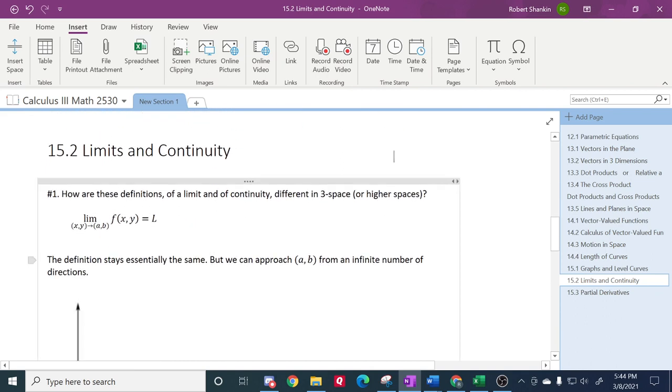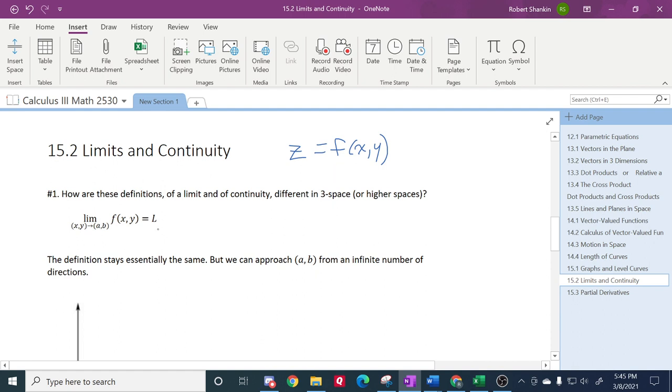Definition of being continuous. Now we ask, how are these definitions of limit and continuity different in 3-space or in even higher spaces? So, this limit as (x,y) approaches a point (a,b) of this function. Remember in chapter 15, we're generally in 3-space with functions like this, which we call surfaces.